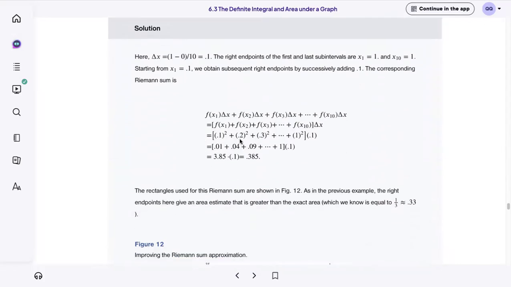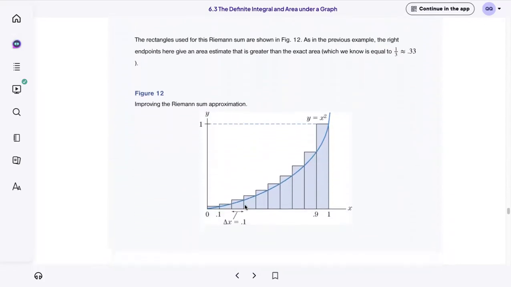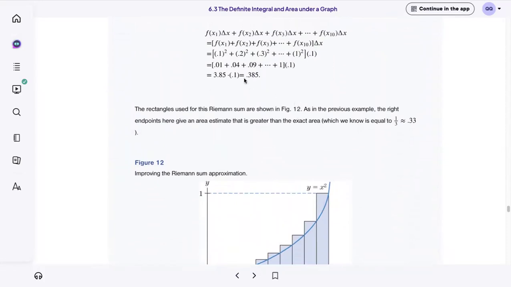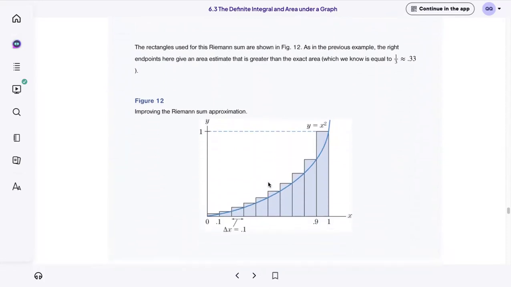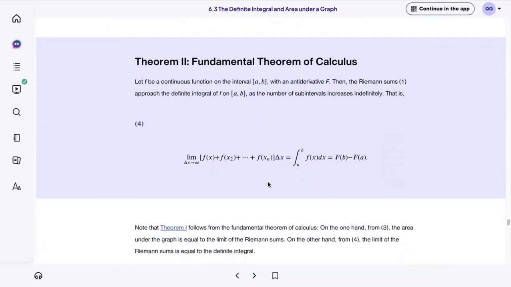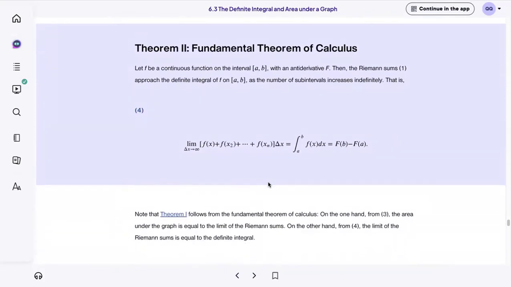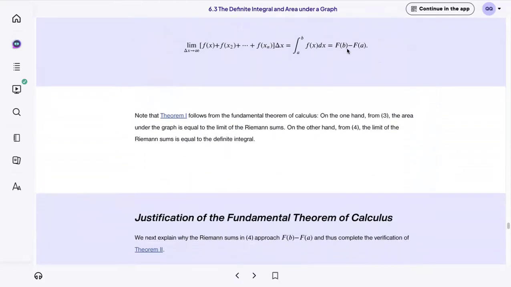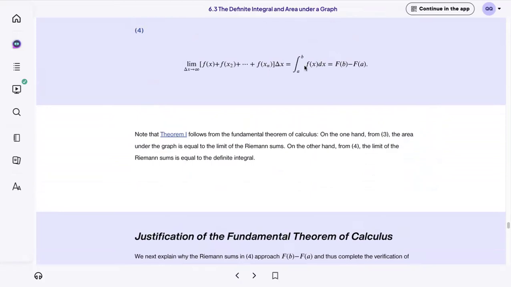If we partition by 10, which means we cut into 10 pieces, then we get closer, 0.385. You can imagine if we do 100, even closer. But we don't have to do that anymore because we have the integration. We know how to find the exact value by anti-differentiating the function, then evaluating at the upper limit, evaluating at the lower limit, and subtracting them.